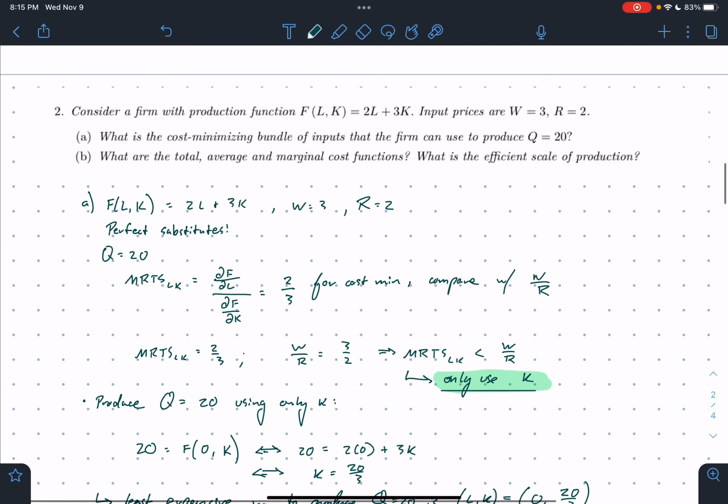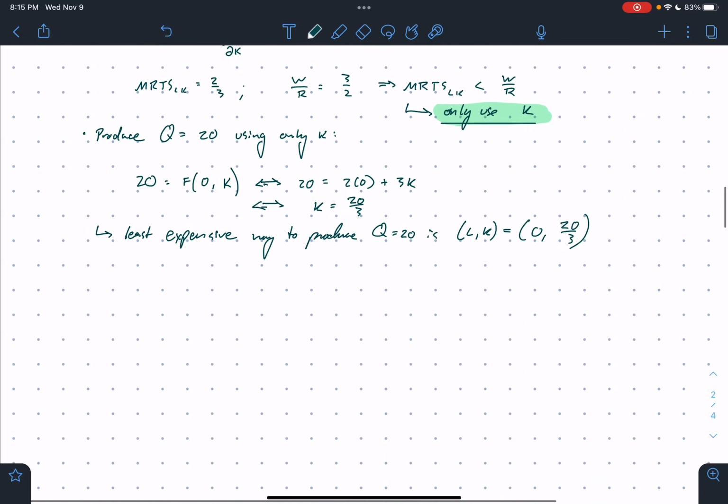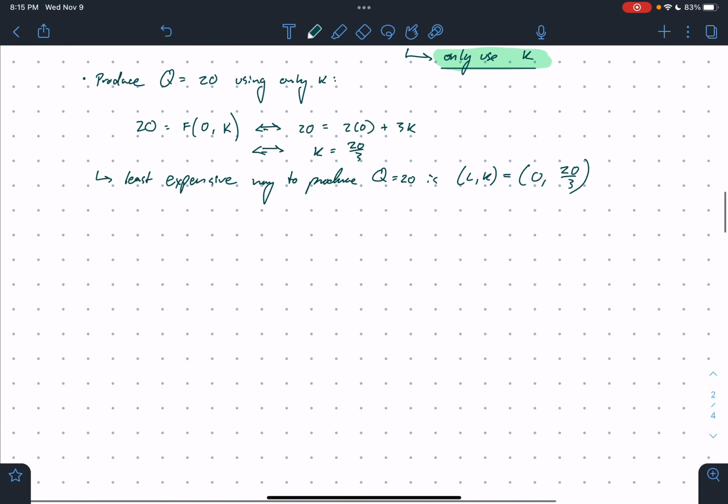Now for part B, we want to find the total cost function, the average cost function, and the marginal cost function. Then, given those, we want to find the efficient scale of production. Okay, so we've already done most of the work here.